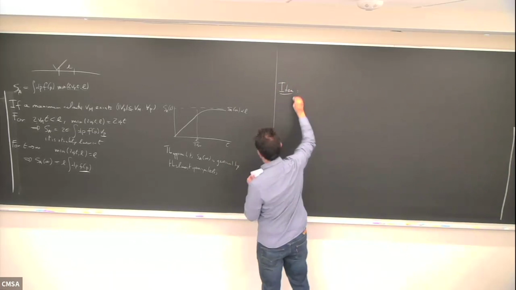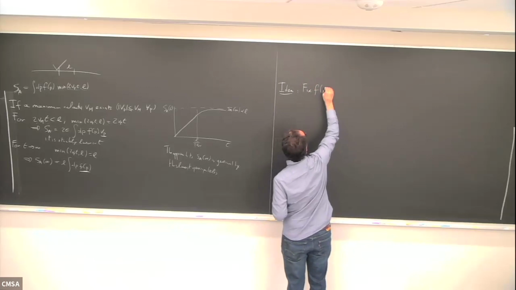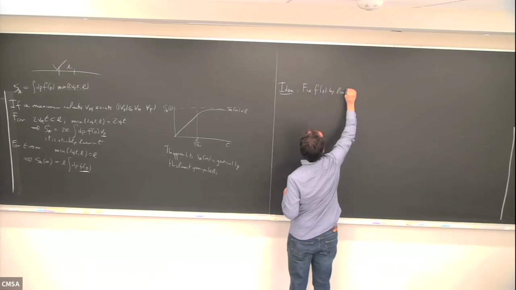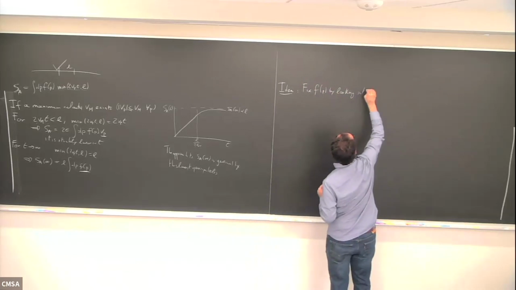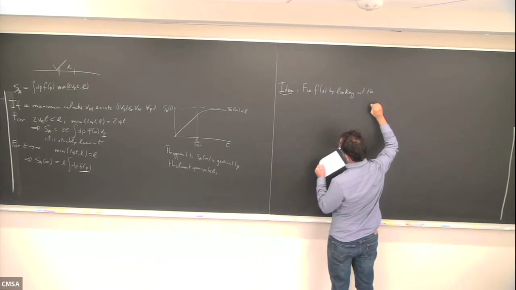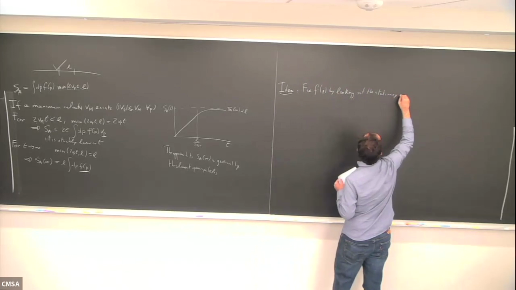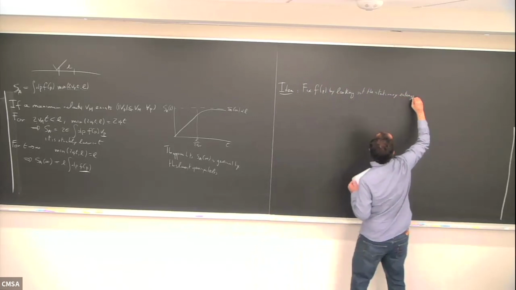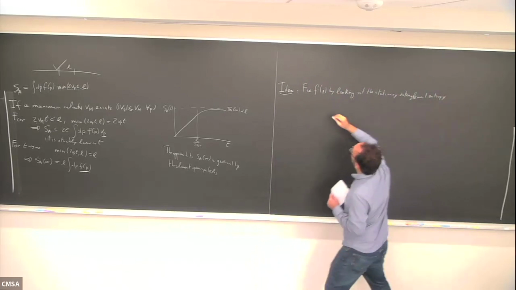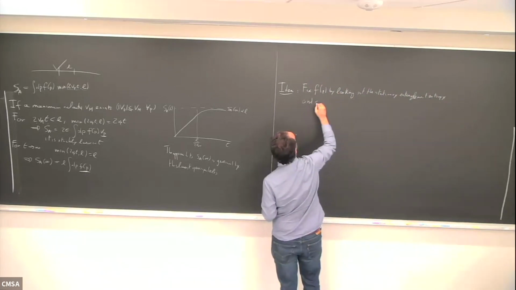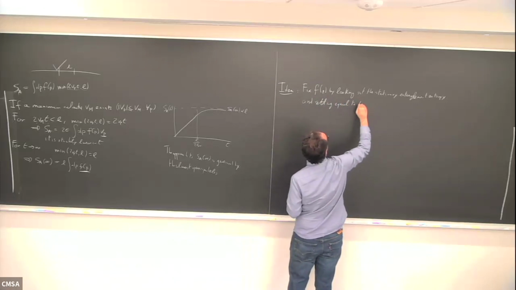The idea: fix f(p) by looking at the stationary entanglement entropy and setting it equal to the thermodynamic entropy.